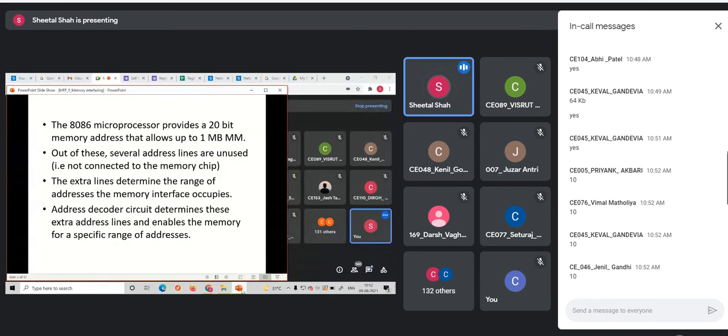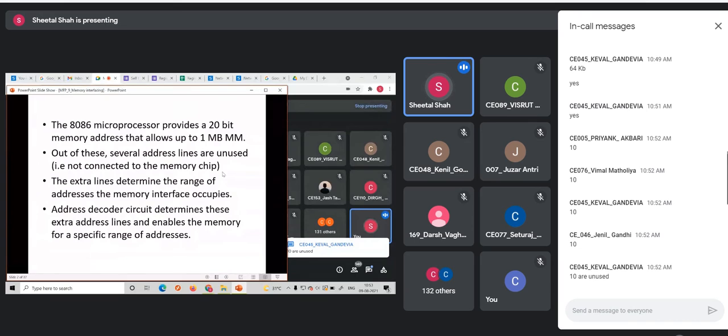If I'm using a 1 kilobyte IC, only 10 address lines would be used, whereas the remaining 10 address lines, because for the 8086 processor it is 20, would not be used directly. These remaining 10 address lines can be used for the chip select, to select any IC, and based on that we can have the range of addresses.